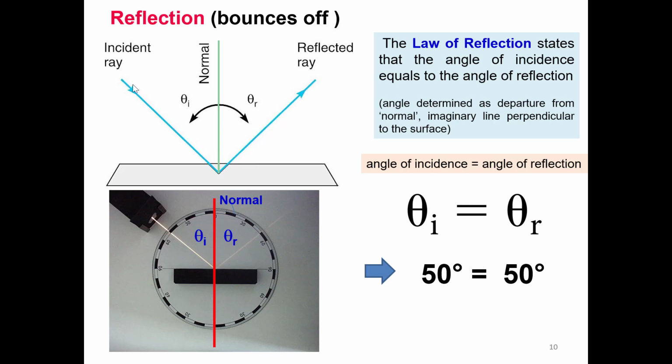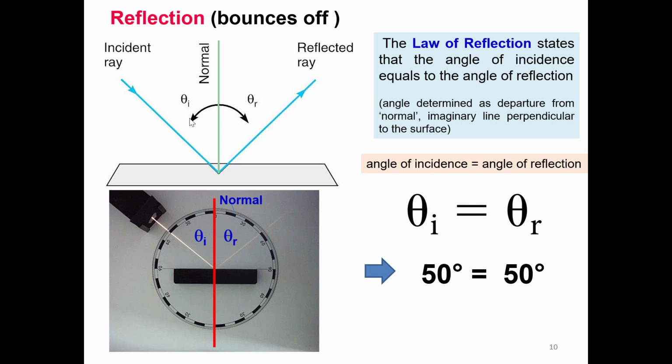Two more parameters we will use to define reflection of light are the incident angle and the reflection angle. The incidence angle is the angle we measure between the normal and the incident ray. Yes, it is this one.